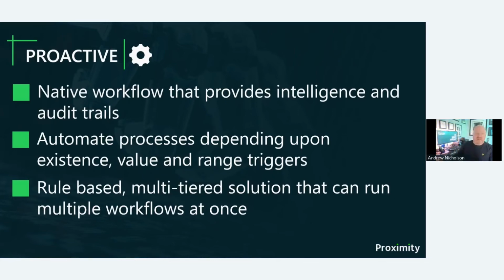So, existence or change, a particular value range. It can also run SQL statements, execute programs, and pass parameters from the before and after image. It's multifaceted too, so you can tier workflows depending upon parameters and rules, running multiple workflow automations within the one process. So how could this work for you?